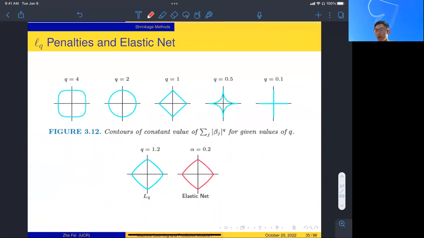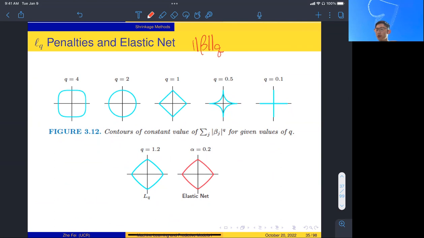A little bit more of this same idea. This essentially shows the different Q. So the LQ penalty, in general, we can consider the beta Q norm as the penalty term.